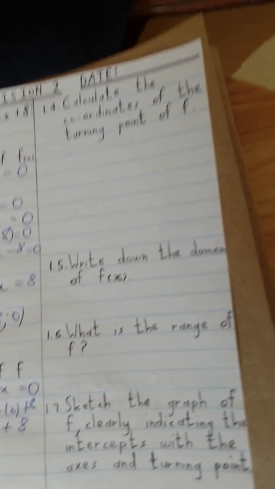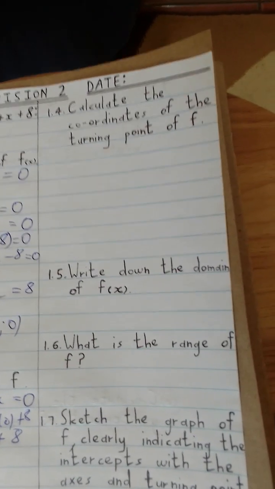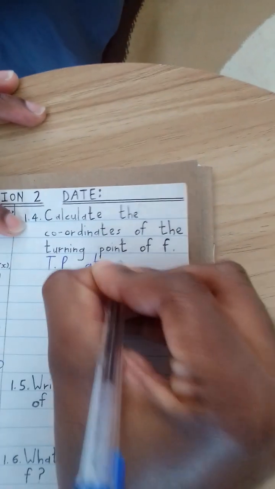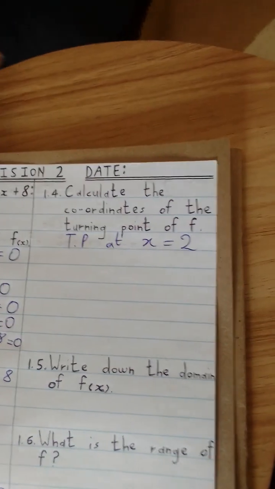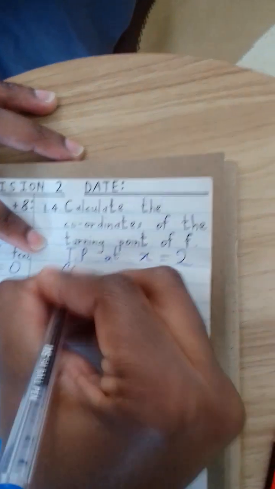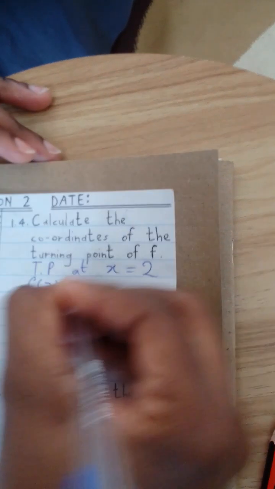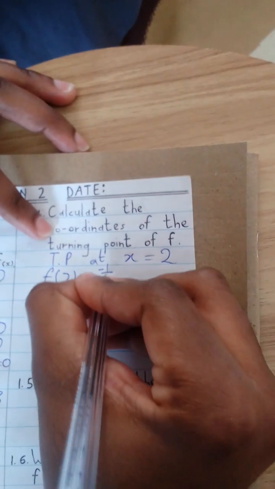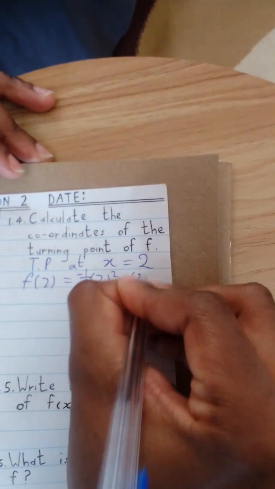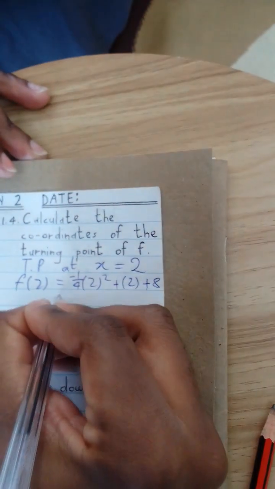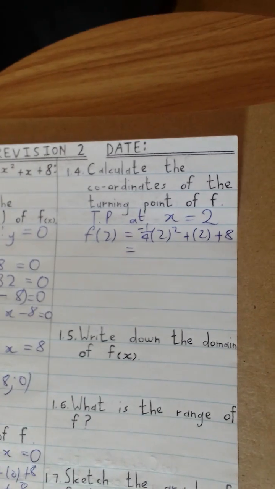1.4 states, calculate the coordinates of the turning point of f. So we know that the turning point is at x is 2, right? So we need to calculate f of 2. Excuse me.